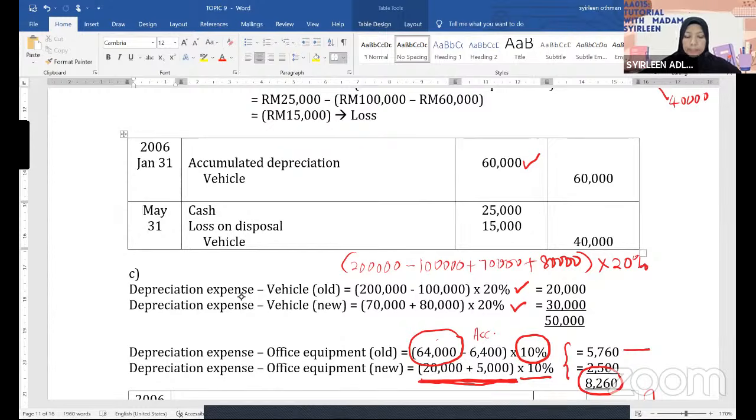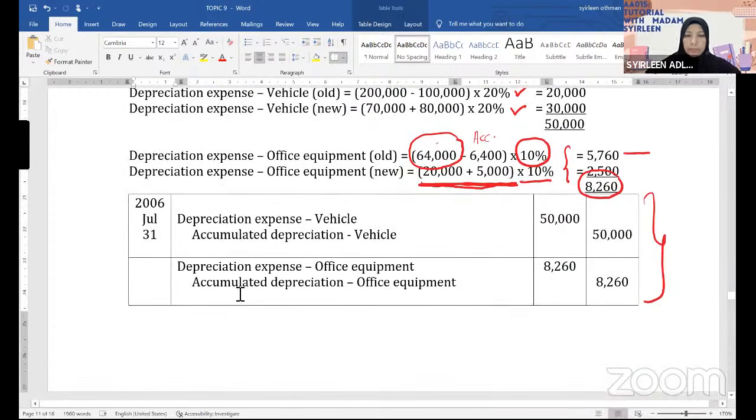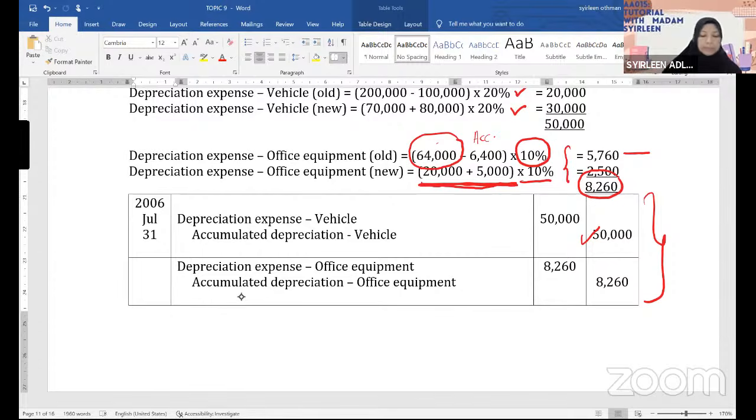Okay, that is disposal. Okay, what else you have in your accumulated depreciation? Okay, I am going to have this one, 50,000. Okay, that is for my vehicle. Alright. Okay. Boleh? Okay, that is my depreciation expense lah.